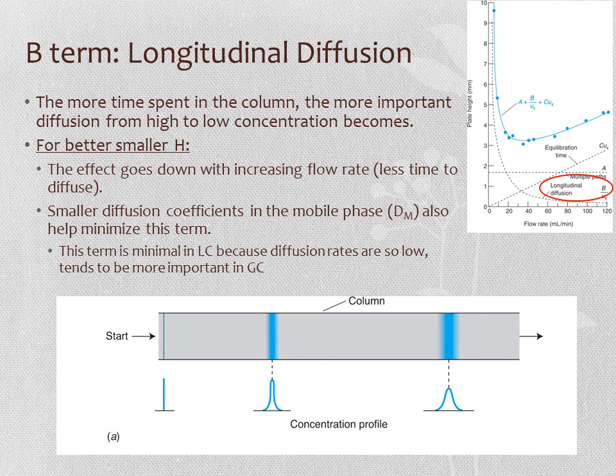In the Van Deemter equation, what you'll notice is that this B term, being B over flow rate, is going to have a small influence on plate height at high flow rates and be a huge dominant contribution to plate height at low flow rates. Because if you're really just moseying through that column, there's going to be a lot of diffusion.